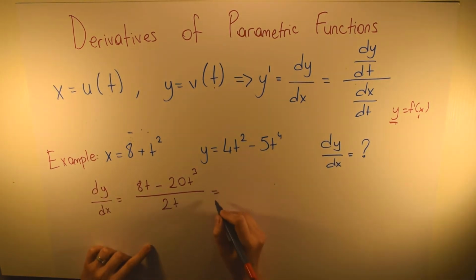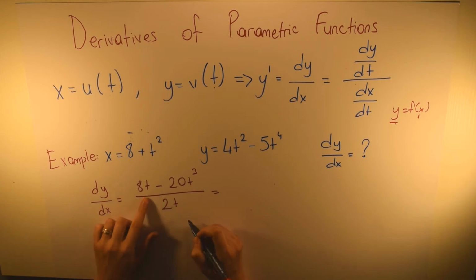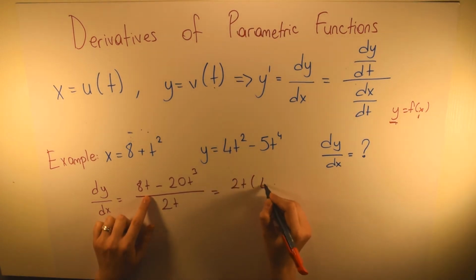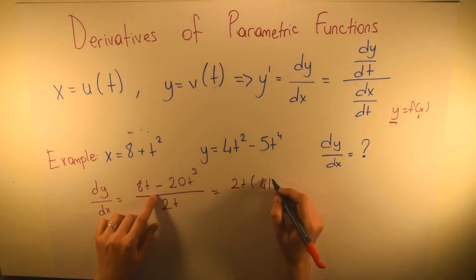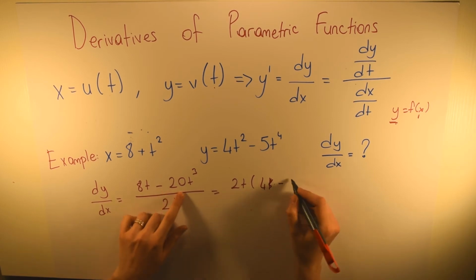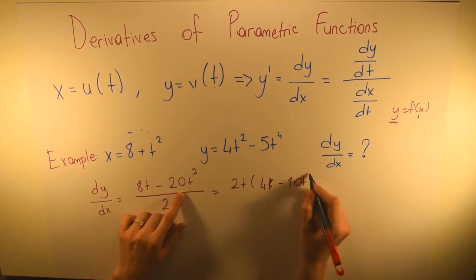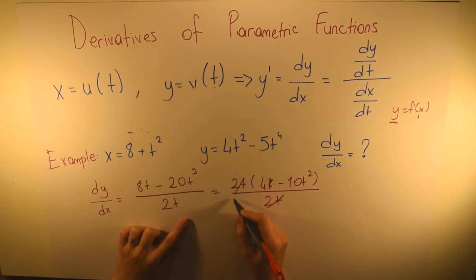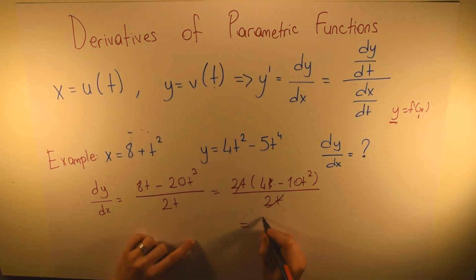So let's simplify this. When I take 2t out of the parentheses, it will be 4 minus 10t squared, over 2t. So these will cancel out each other, and from here we will get 4 minus 10t squared.